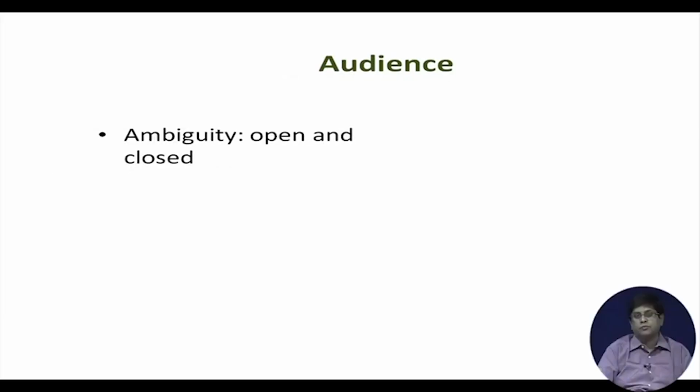Ambiguity, open and closed. This is again something which we have discussed, that the audience, ideally, in a presentation should have a clear picture of what you are talking about. Ambiguity is something which is to be avoided with most audiences, unless you want to confuse the audience, which can be in very rare cases the objective of a presentation, but in most cases the main focus of a presentation is to be as clear as possible.